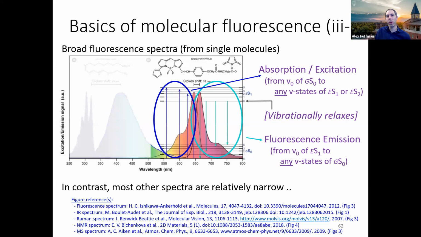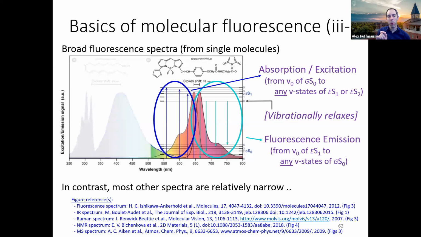Some of that vibrationally relaxes in the form of heat, and then some light comes out at a little bit longer wavelength, which is a little bit lower energy. And so there are only certain things that go through this molecular process of fluorescence. And so it can be somewhat selective for classes of molecules.